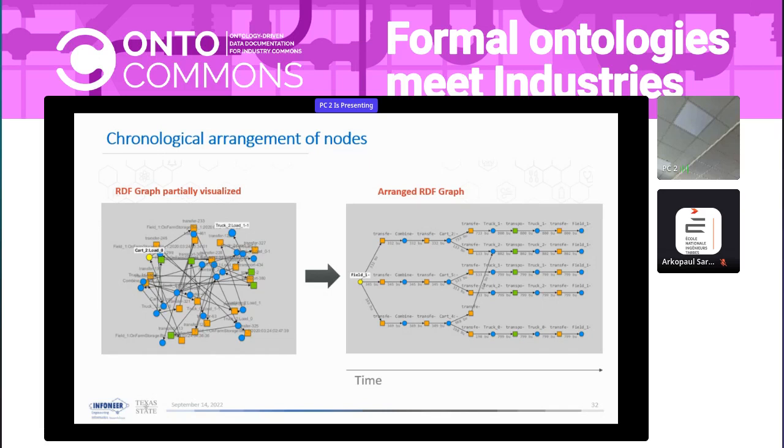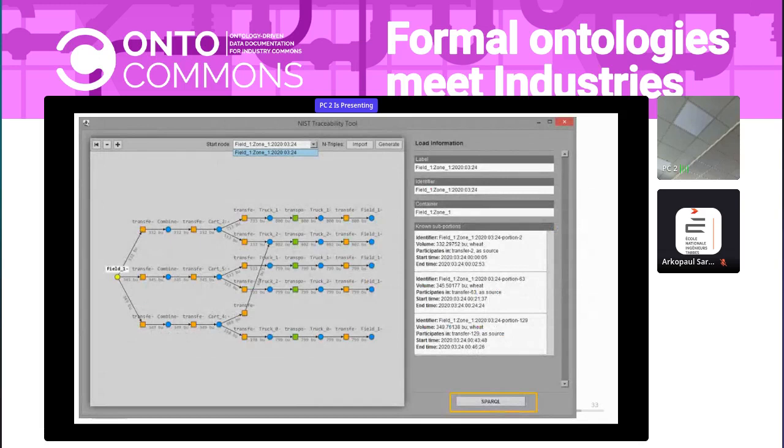So in that way, we can trace forward and track back, and get a feeling of what's happening and where each load is coming from. And we can drill down and focus on, for example, one load and get information about identifier, volumes, participants, and timestamps.